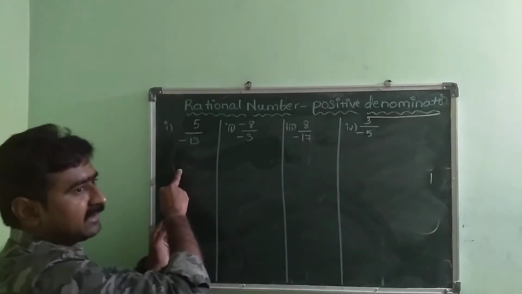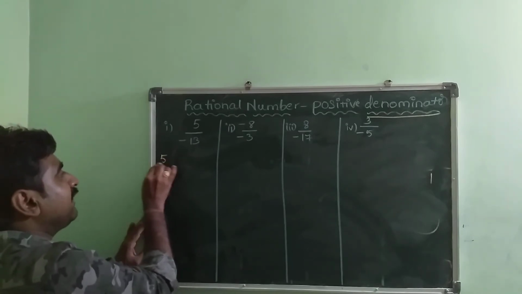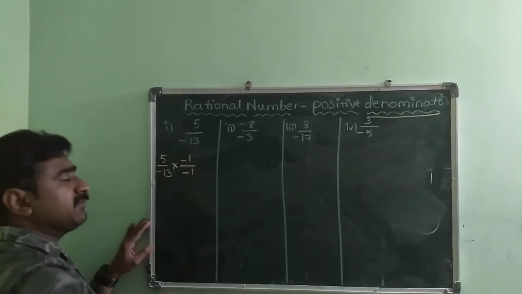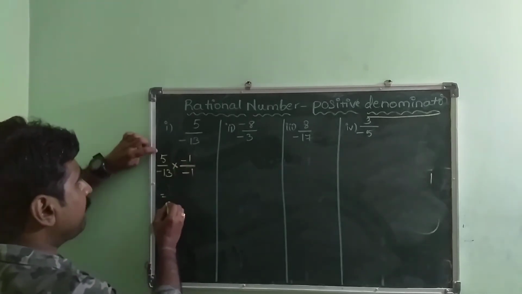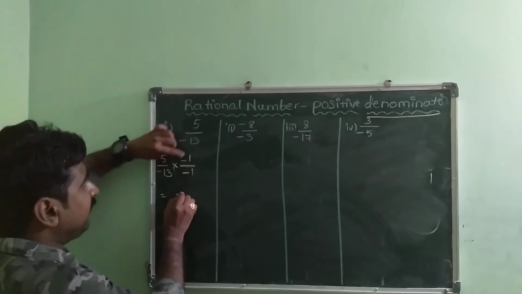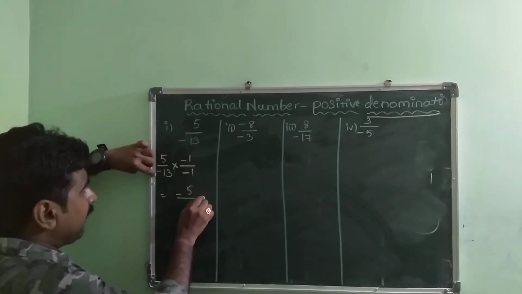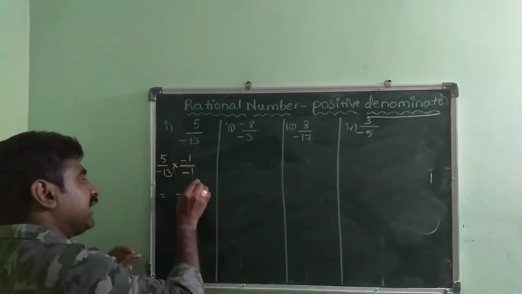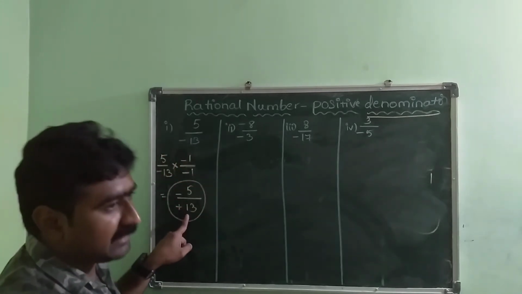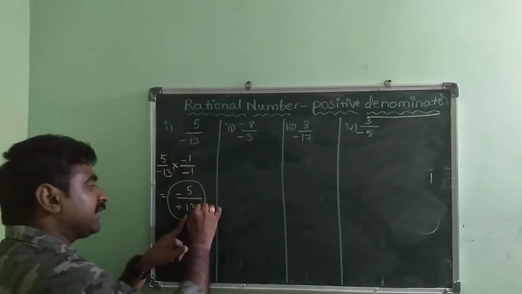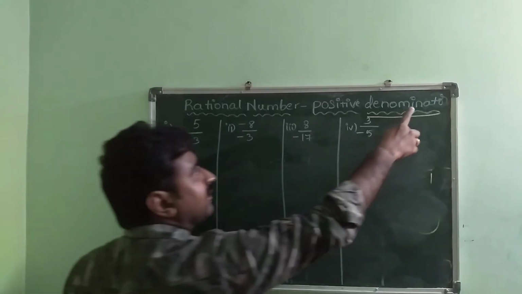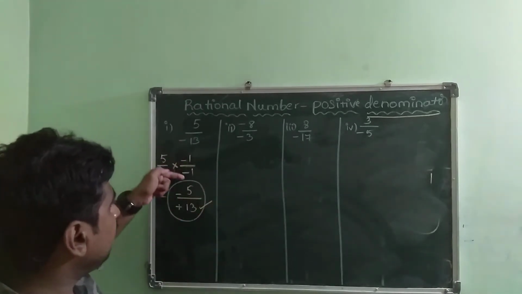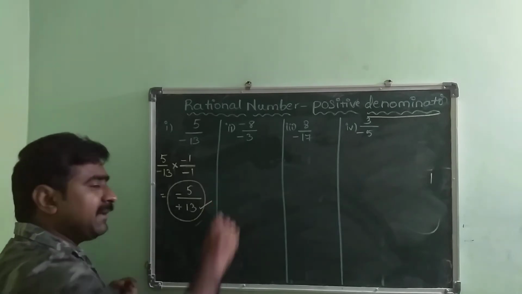So we have to multiply and divide with minus 1. I am multiplying with minus 1 and dividing with minus 1, so plus into minus, minus 5 into 1, 5, divided by minus into minus plus 13 into 1, 13, so the answer is minus 5 by 13. Here 13 is a positive value, so the denominator has become positive, because of multiplying and dividing with minus 1.